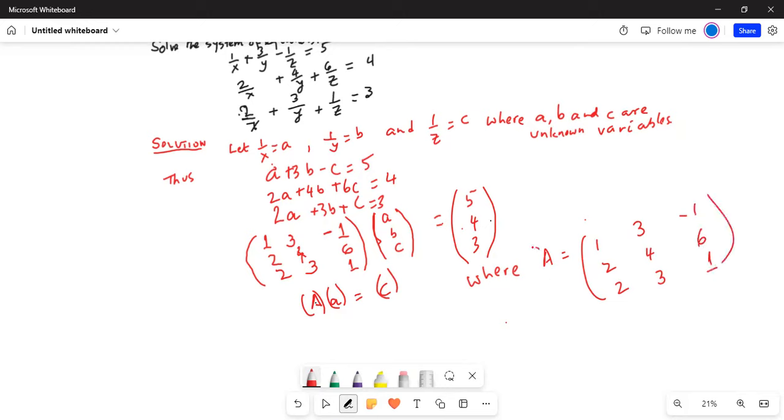This is matrix A, and matrix small a is a single column, 3-row by 1 column matrix. And C is the constant matrix, which is also a single column, 3-row matrix, 5, 4, and 3.